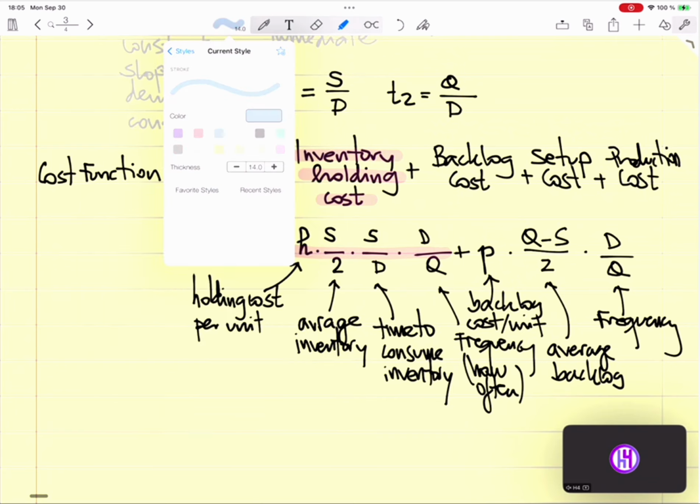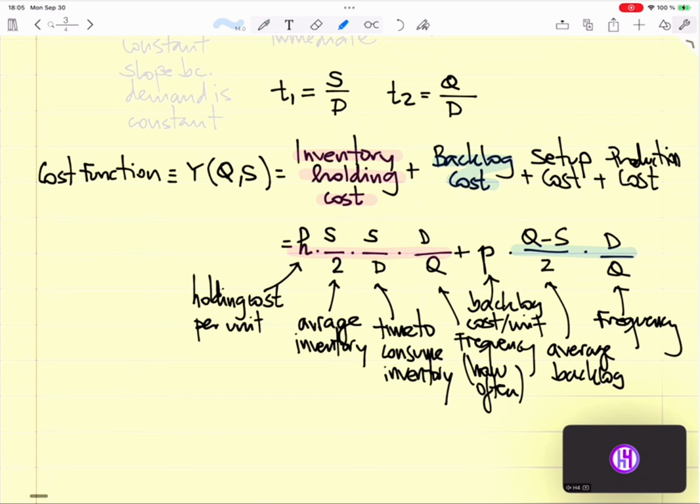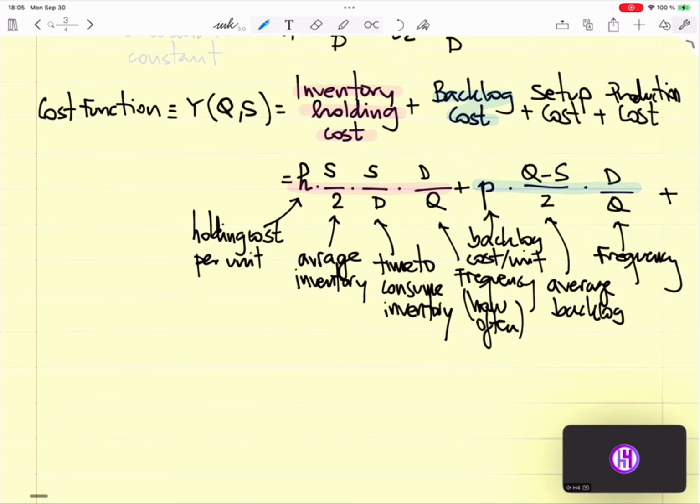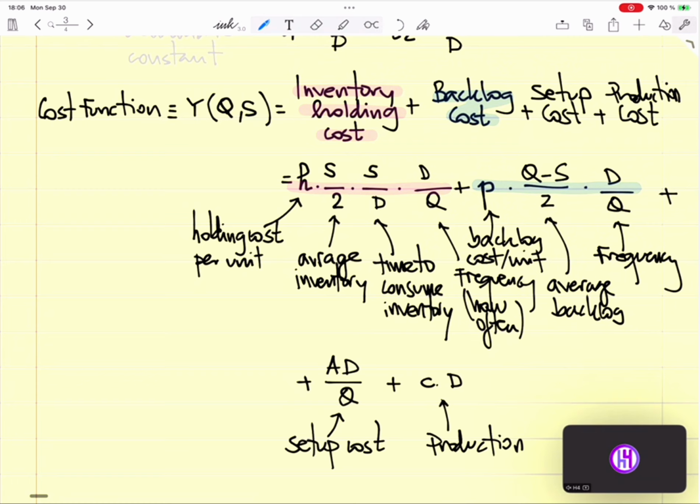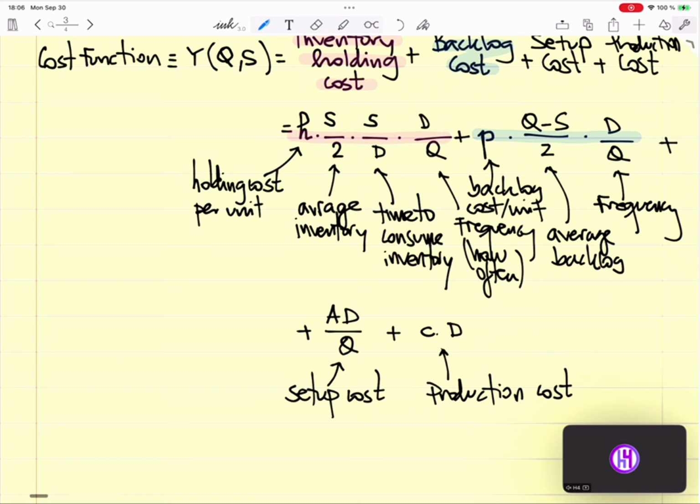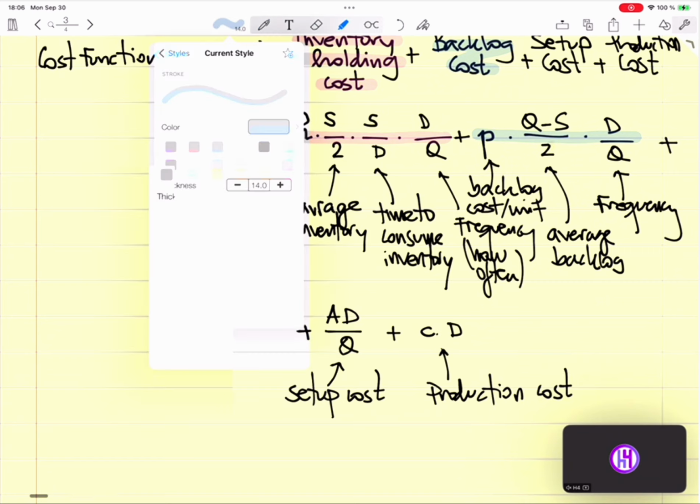Okay, and this is the backlog cost. Plus setup cost, which is the same as before, AD divided by Q, plus production cost, CD. Okay, so these are the same.